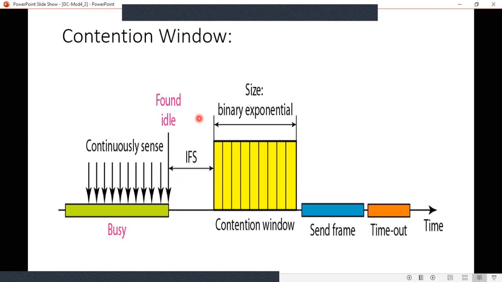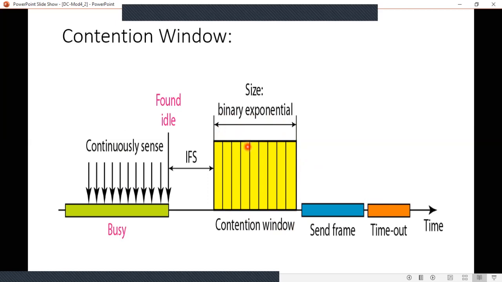Now, one more strategy for CSMA/CA is using the contention window, the second strategy. This figure shows the contention window. It is an amount of time divided into slots as shown here.